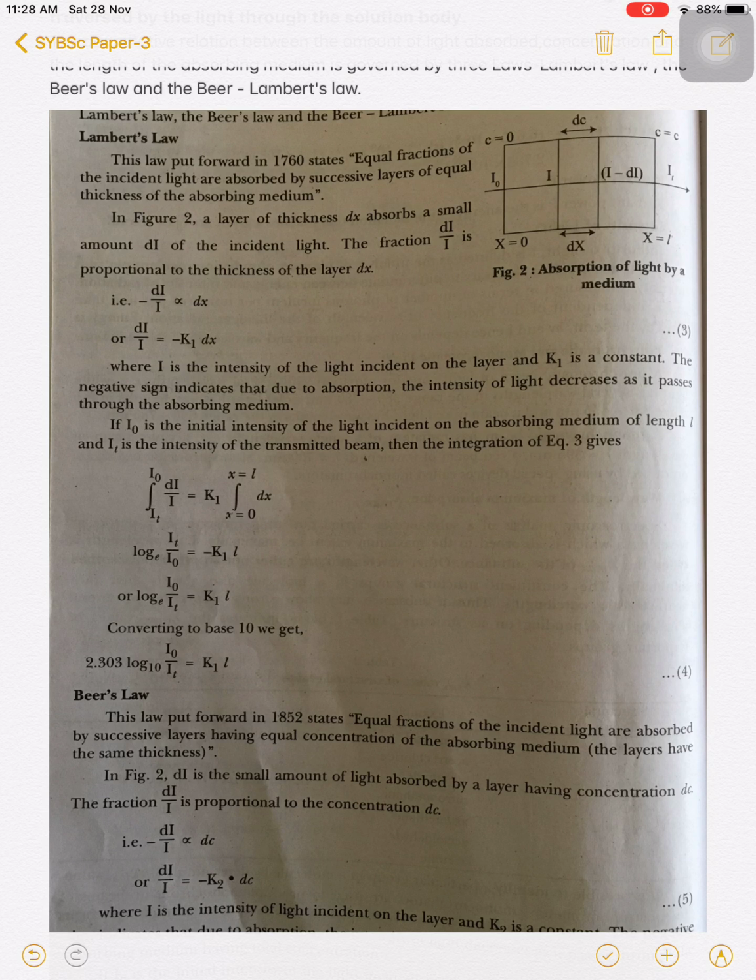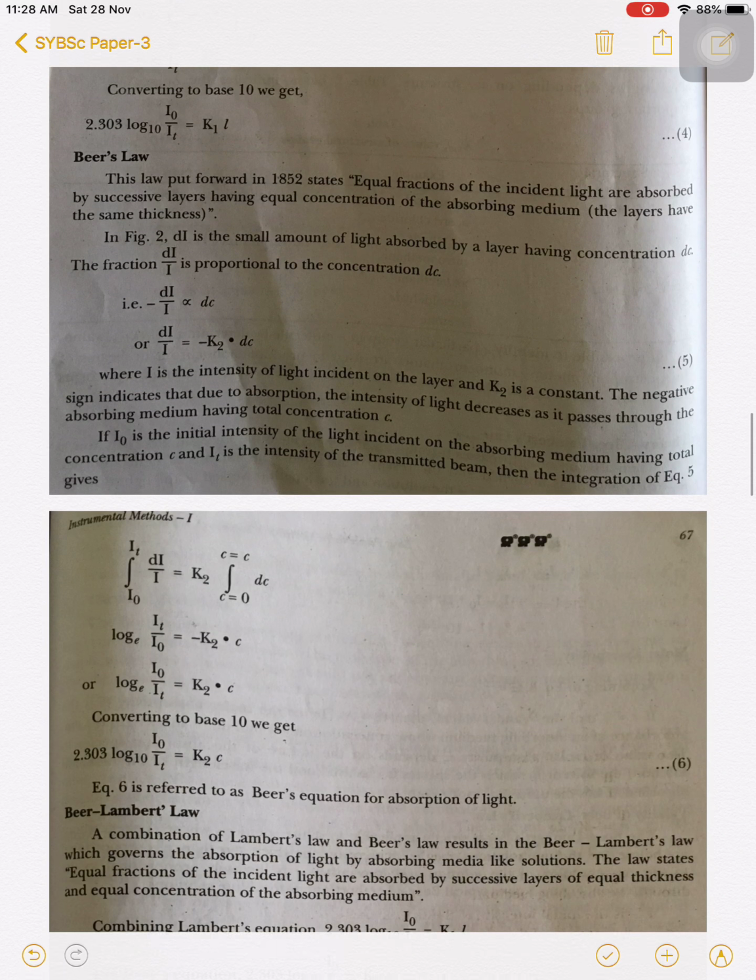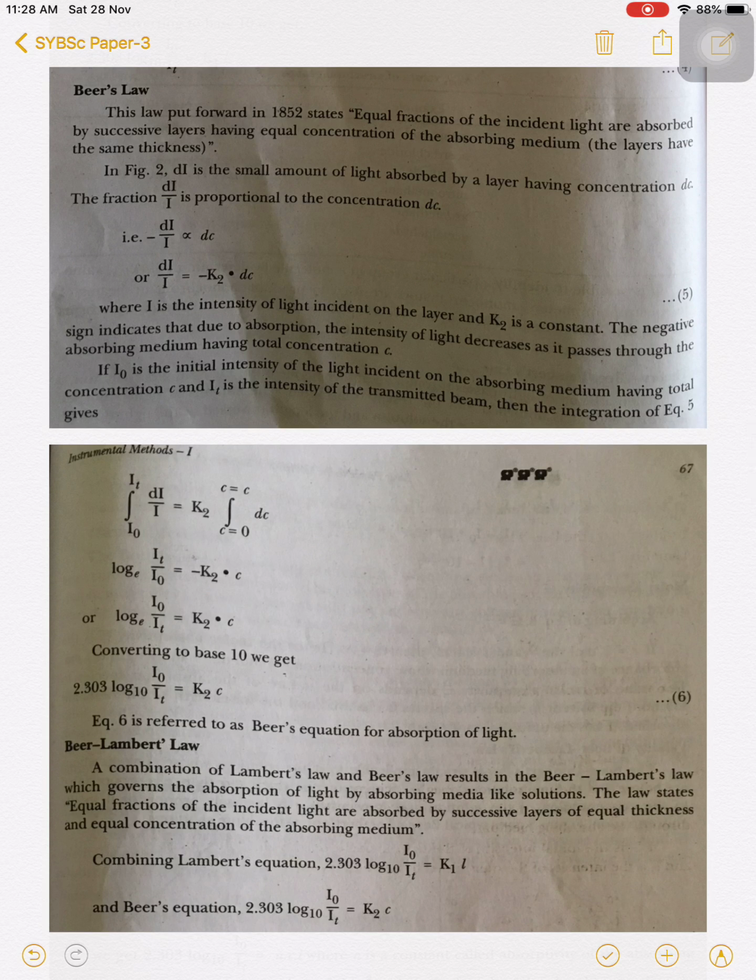So Lambert's law is equation number 4, which is 2.303 log to the base 10 I0 by IT is equal to K1 into L, and equation number 6, that is 2.303 log to the base 10 I0 by IT is equal to K2 into C. So these two equations are from Lambert's law and Beer's law respectively.